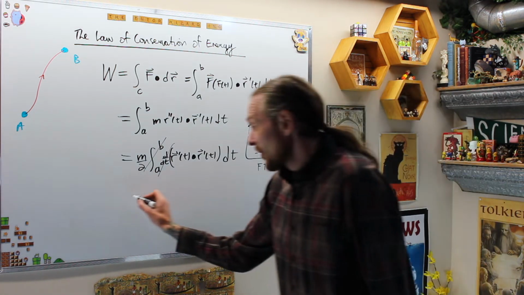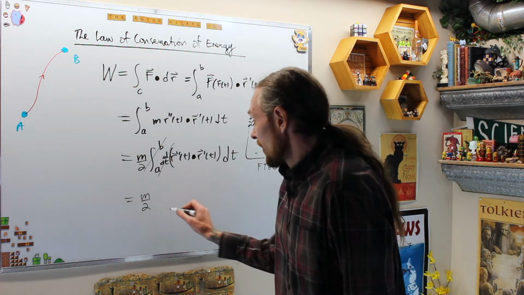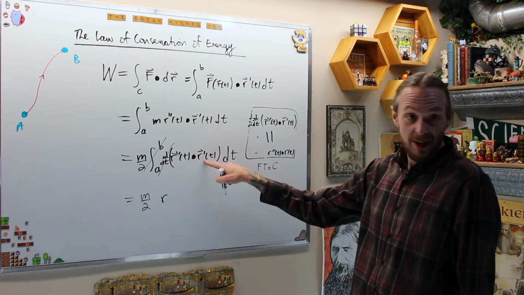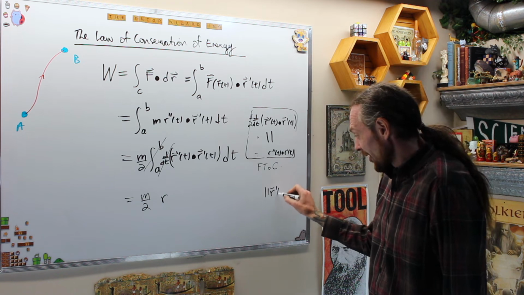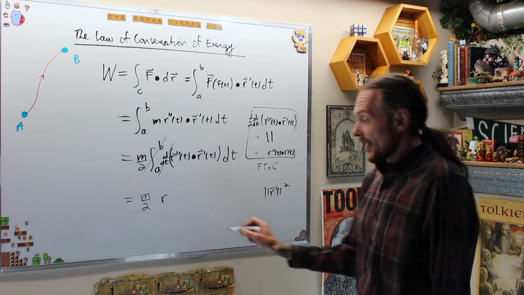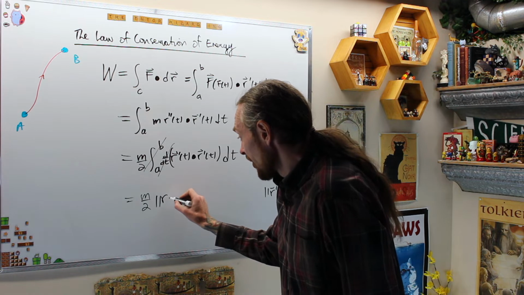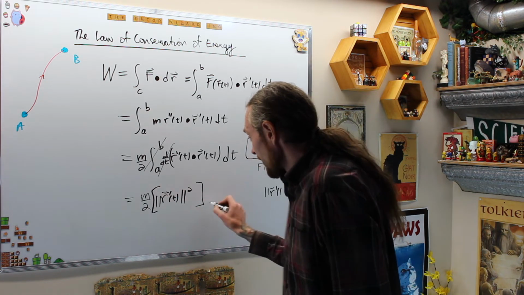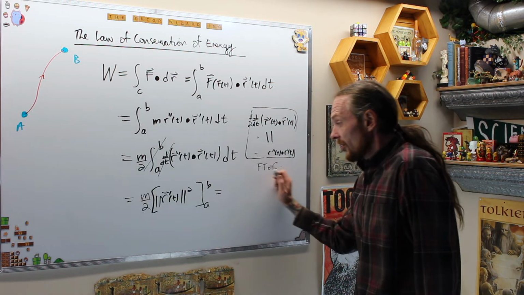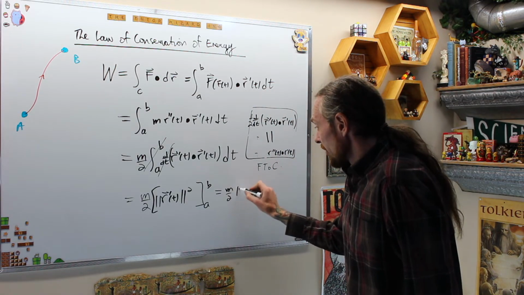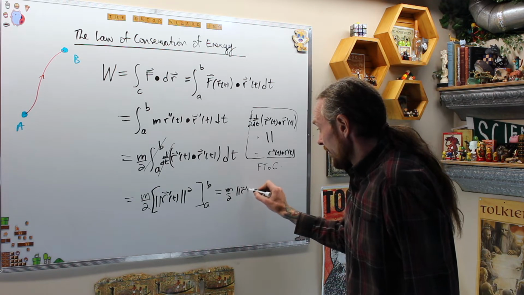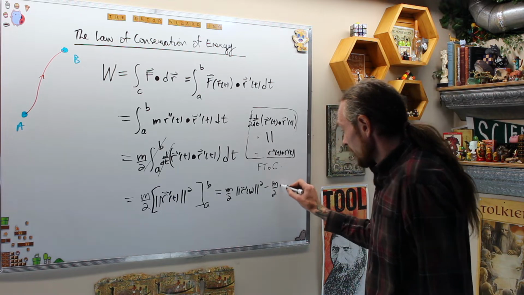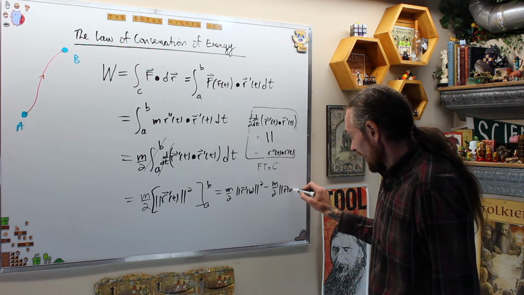And this is going to be m over 2 r. Also, this is the norm. r' dot r' is the norm of r' squared. So this is 1/2 norm of r'(t) squared evaluated from a to b, which is going to equal m over 2 the norm of r'(b) squared minus m over 2 the norm of r'(a) squared.